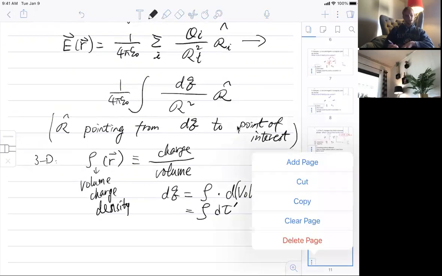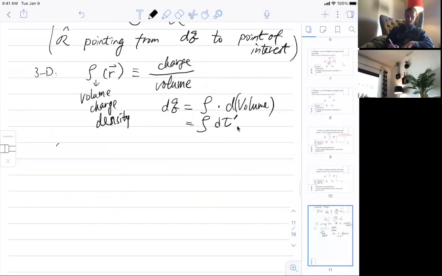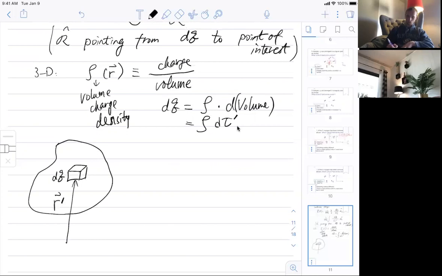So d tau, let's say you have this volume, I'm going to draw a blob of charge. Looking at simply a little chunk of it right here, this is my dq, and it is located at r prime. Again, the location of the source is always the prime, from the origin.